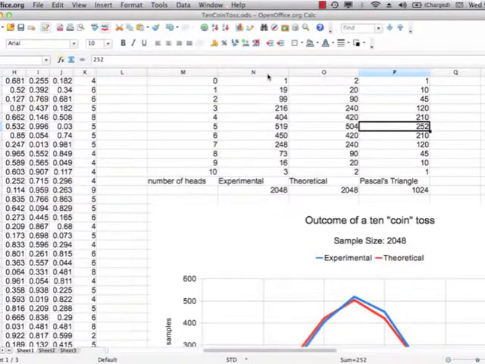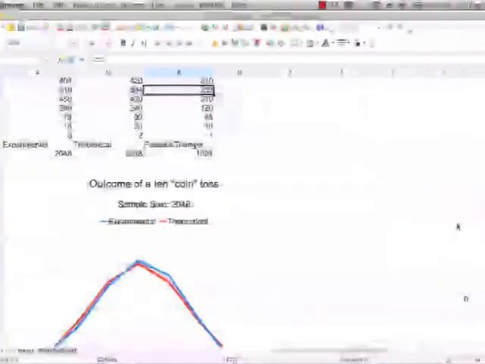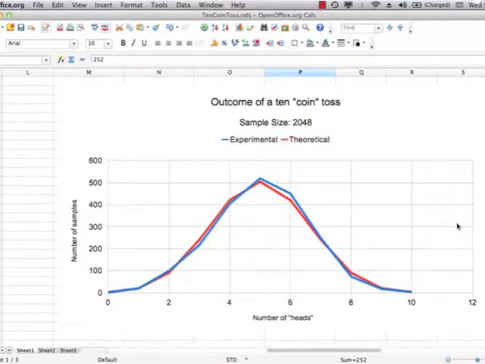And then in this column, I have the actual results of the experiment. So instead of 2, which was expected, I got 1. Instead of 20, what I got was 19. Instead of 90, what I got was 99. Okay, so then I have a little chart here, if I can pull it up. In the chart, I've got my theoretical, which is going to stay the same, and here I've got my experimental.